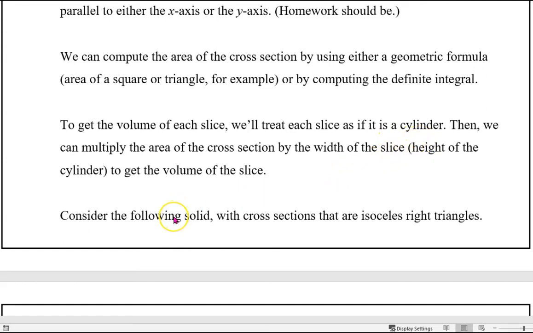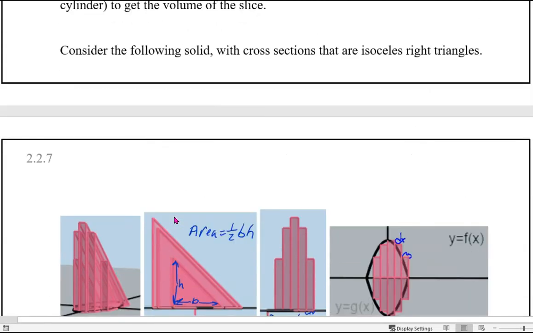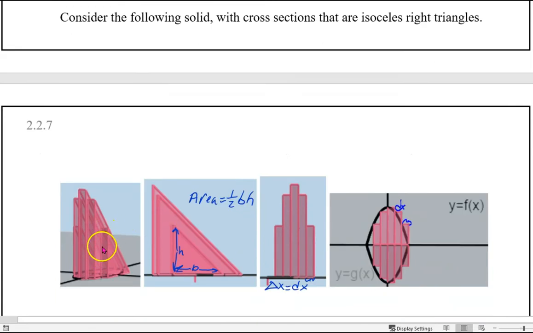Now, what do we mean by treat each slice as if it were a cylinder? Let's take a look at this picture right here, where we have not an equilateral, but an isosceles right triangle. Take off this one triangle and think of that single triangle as if it were a cylinder. How does it become a cylinder?